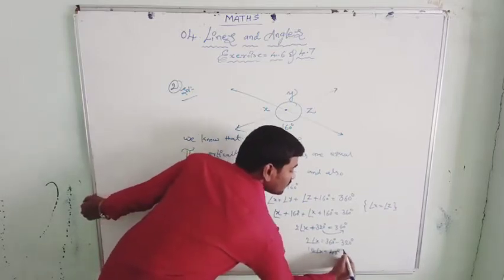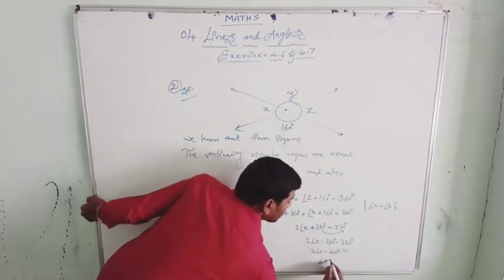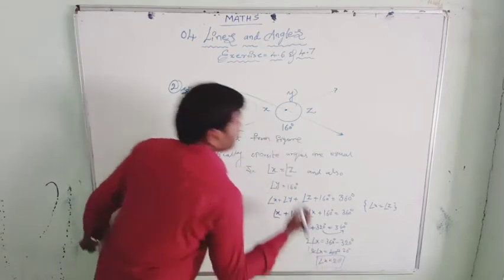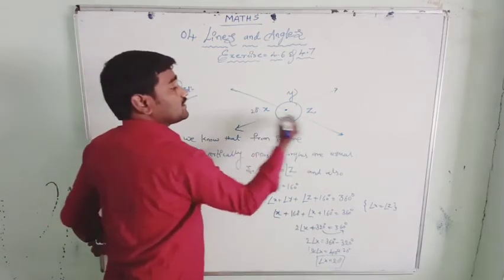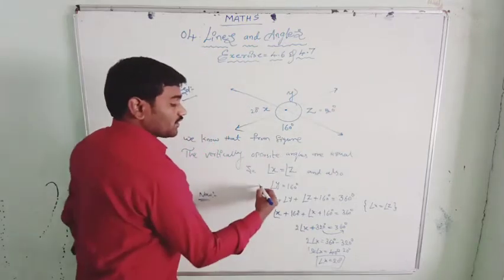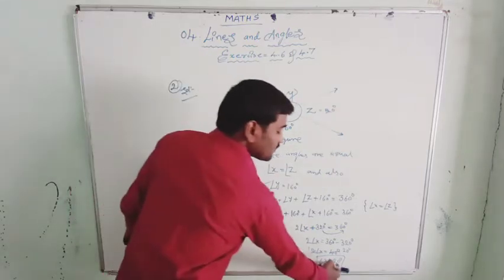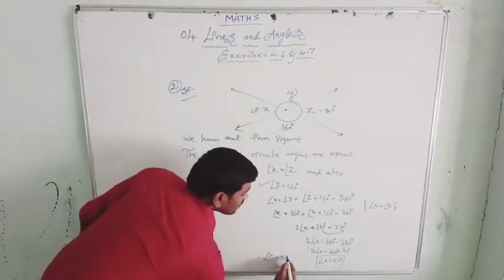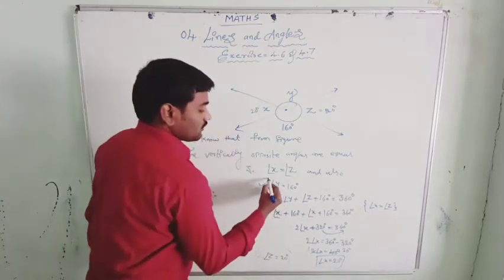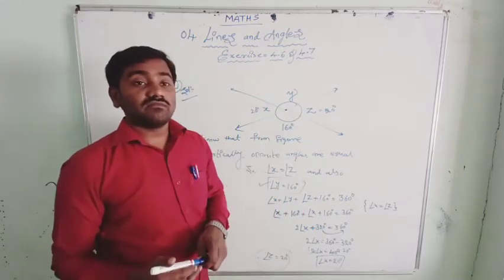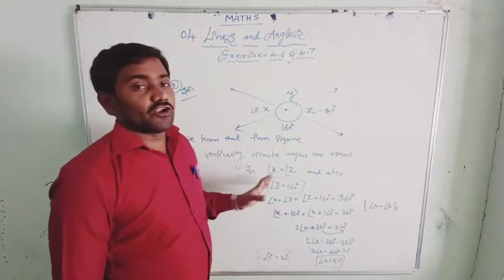Here 2 ones are 2, 2 twos are 4, so angle X equals 20 degrees. If angle X equals 20 degrees, then angle Z also equals 20 degrees. So we got all three X, Y, Z without actually measuring them by protractor.